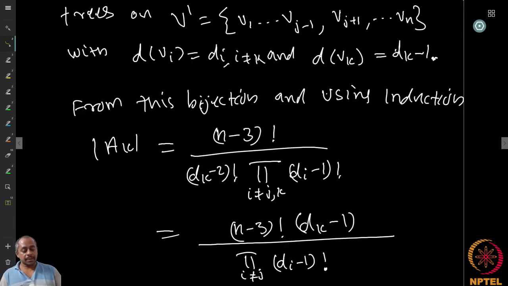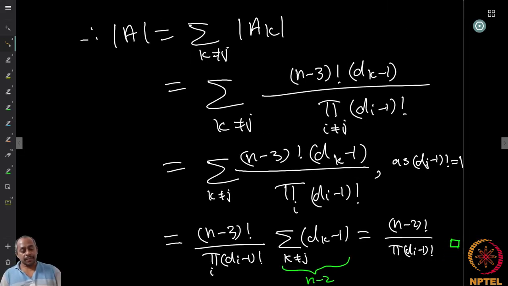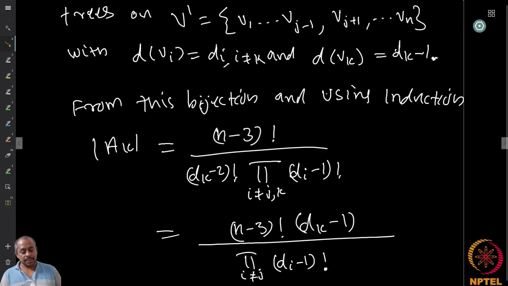Because d_j equals 1, (d_j - 1)! is 0!, which is also 1. So I can as well put that term inside. It doesn't make any difference because d_j is 1. So I can just write it as the product over all i of (d_i - 1)!, because it doesn't matter whether I add that particular case of d_j. So therefore I will get this without i equal to j, so I can even write it this way.